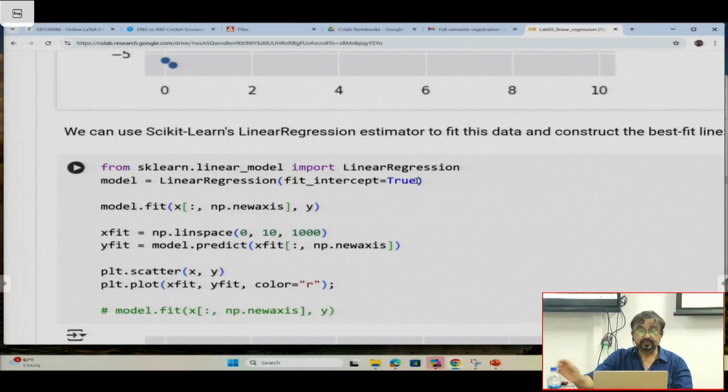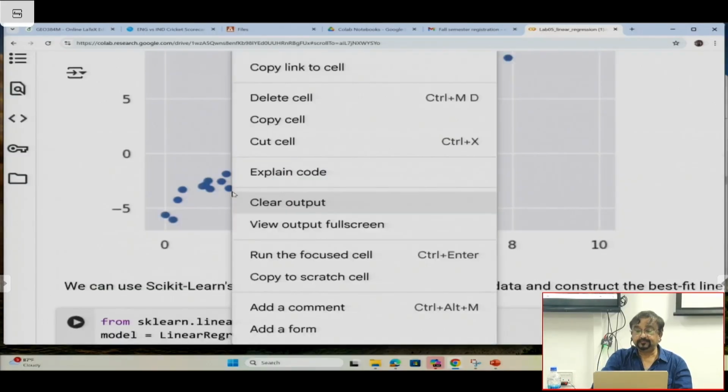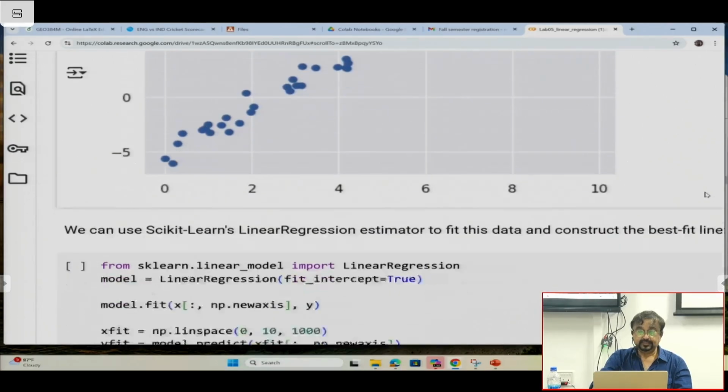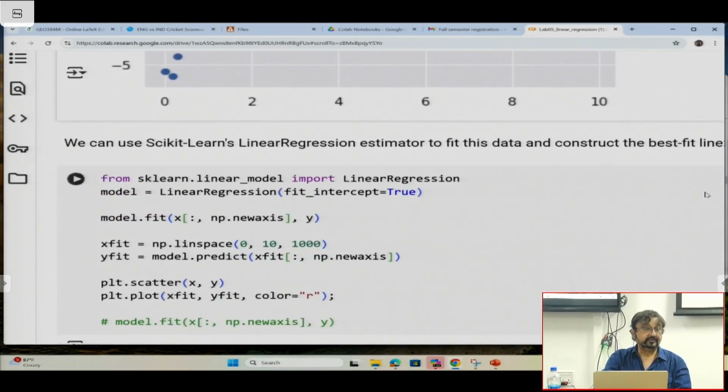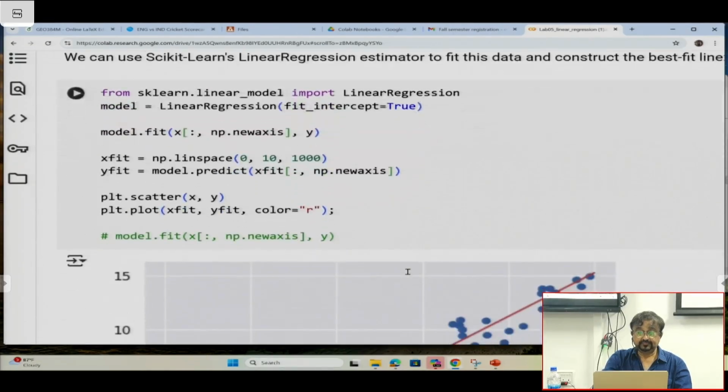All that you are doing is calling your model to be a linear regression model. And then model.fit actually fits the model. From the fitting, I compute my y values and then I plot those.